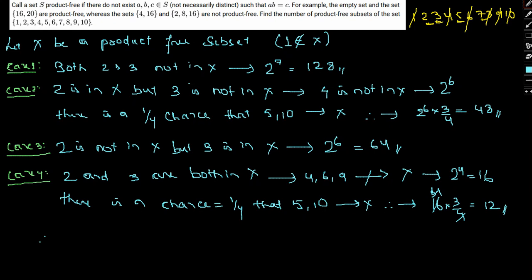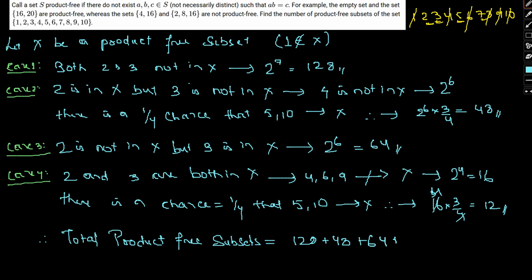So therefore the total product free subsets will be equal to 128 plus 48 plus 64 plus 12, which gives us 252 as our answer. So this is our required total number of product free sets.